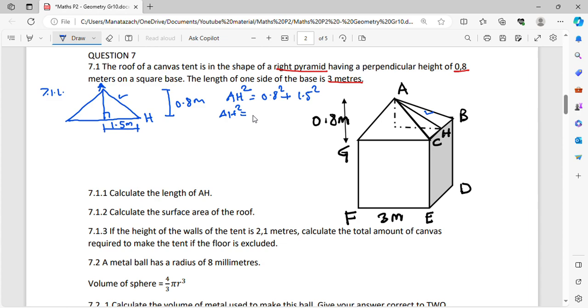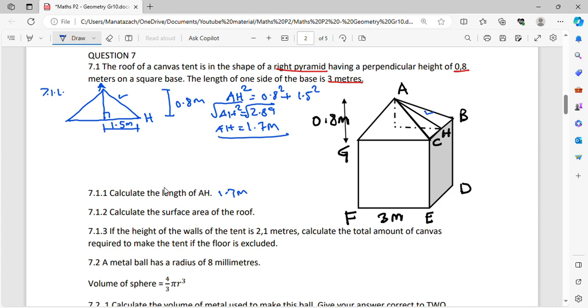Punching all of that in a calculator, you get 2.89. So you take a square root on both sides, then AH is 1.7 meters. So that one is 1.7 meters.